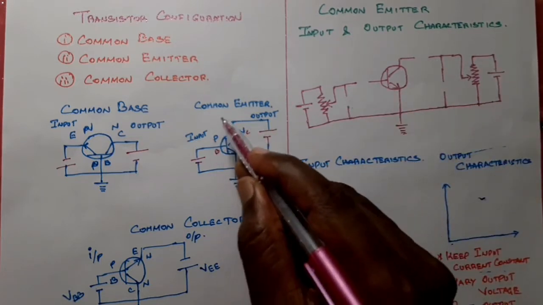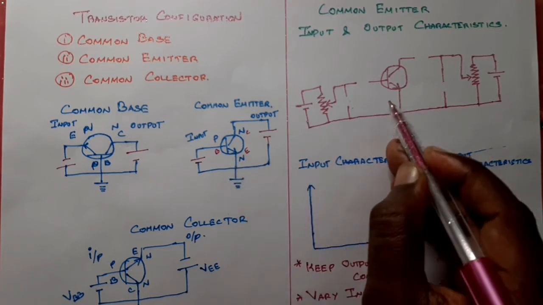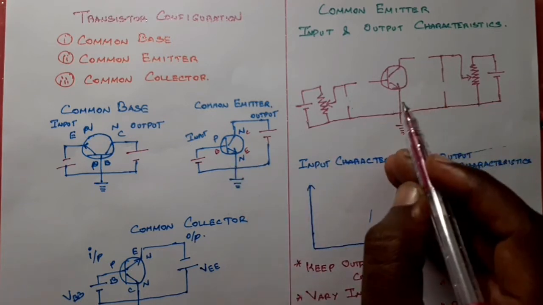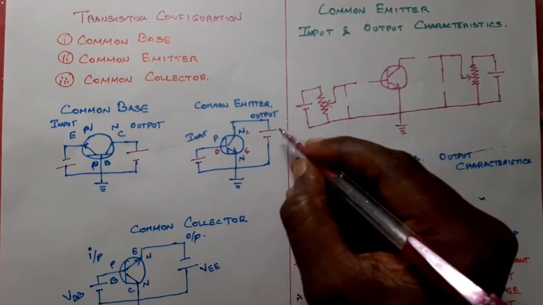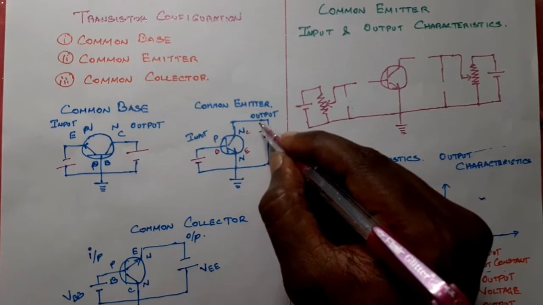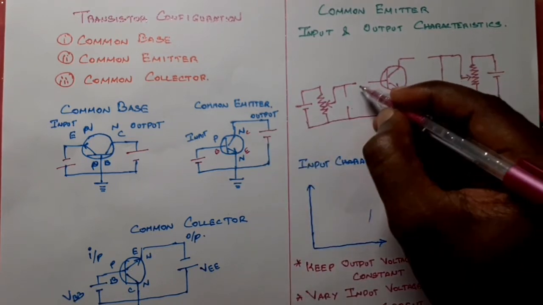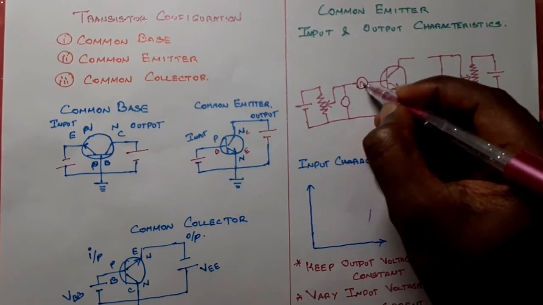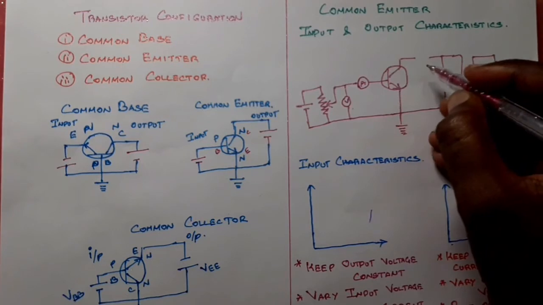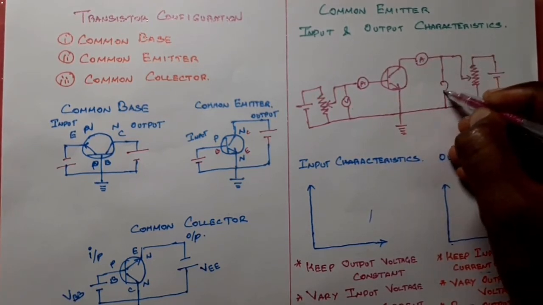So this is the common emitter configuration. See, I have drawn the same circuit here, only with a small variation. I have to take this circuit and connect one ammeter and one voltmeter in the input side and output side. In the input side I am connecting one ammeter and one voltmeter. Here also in the output side I connect one ammeter and voltmeter.